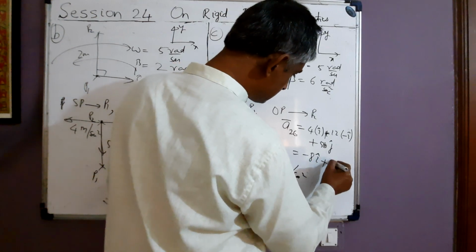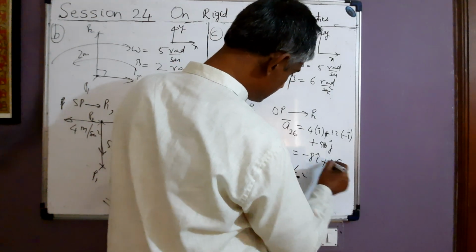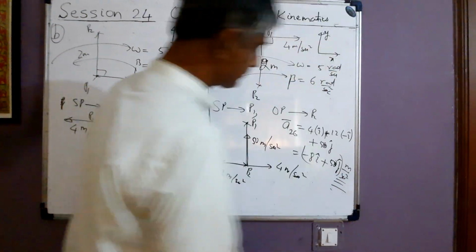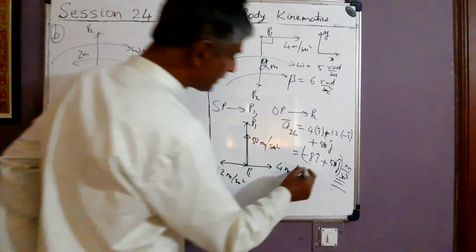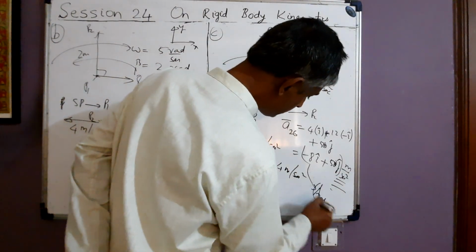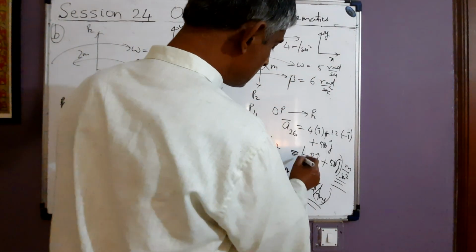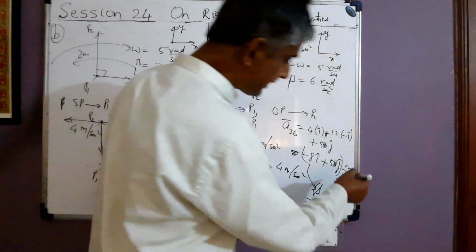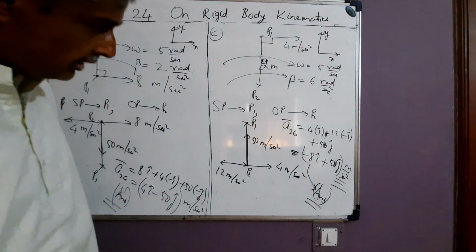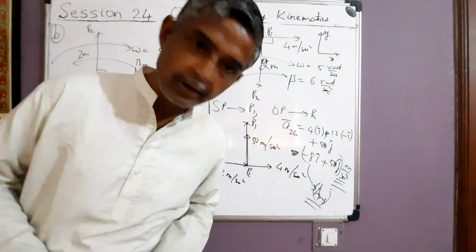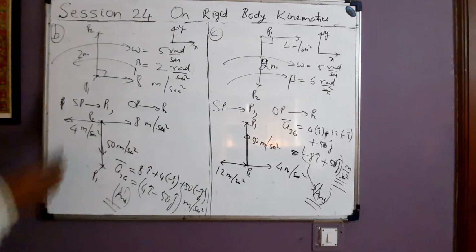Minus 8 i hat plus 50 j hat meter per second square. This is the answer to the third part C of the question. Alright, fine. So how much is A2G? A2G becomes minus 8 i hat plus 50 j hat meter per second square. This is the acceleration of P2 with respect to ground in part C of the question. Fine. I got this one, okay?